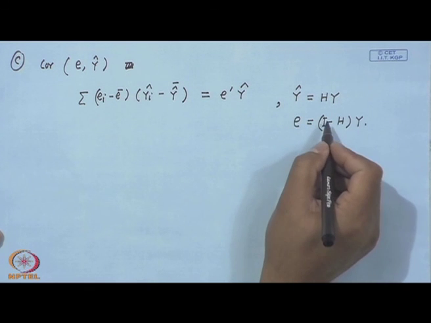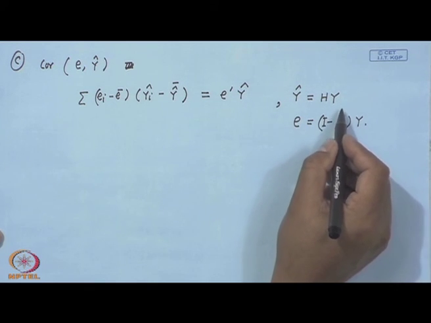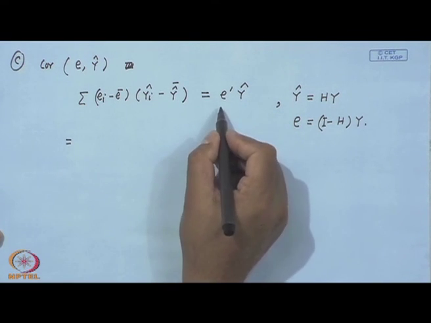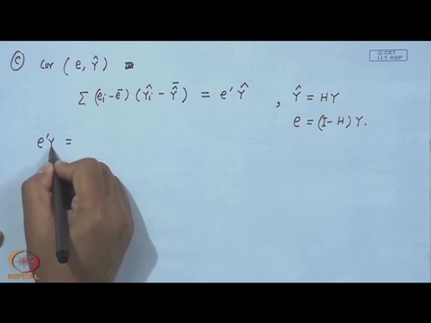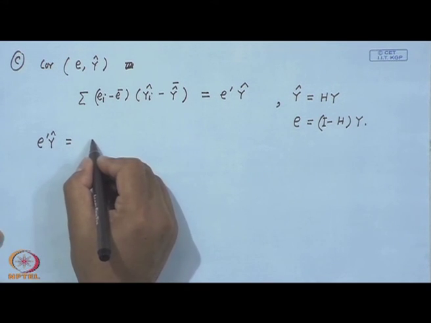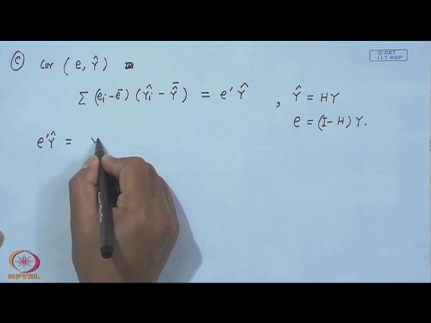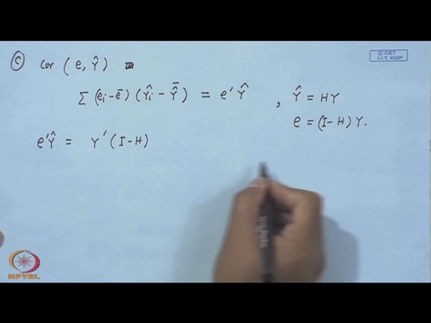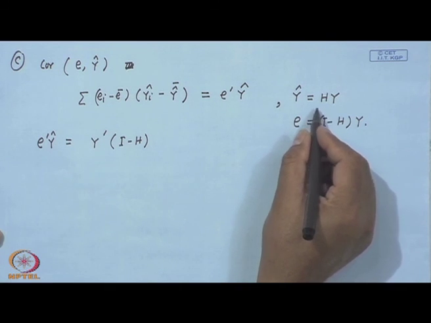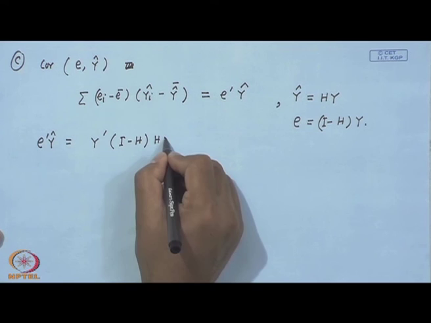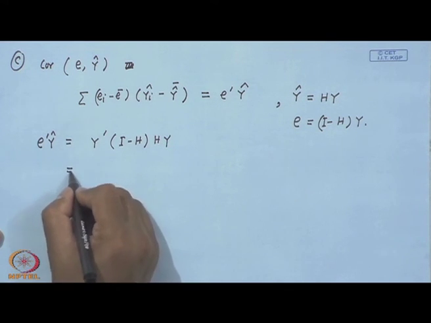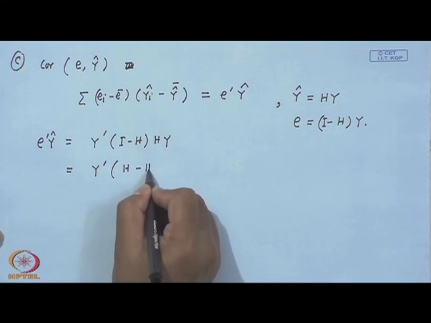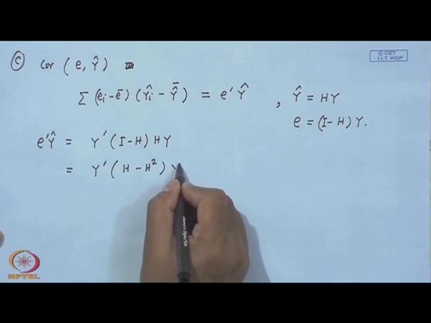Now, if I plug these two values here, what I will get is that E prime y hat is equal to y prime I minus H, and y hat, that is H y. So, this is equal to y prime H minus H square into y.